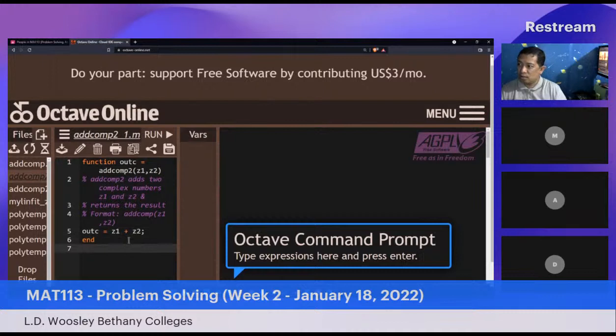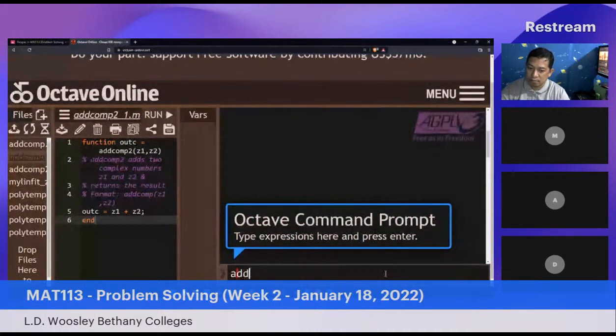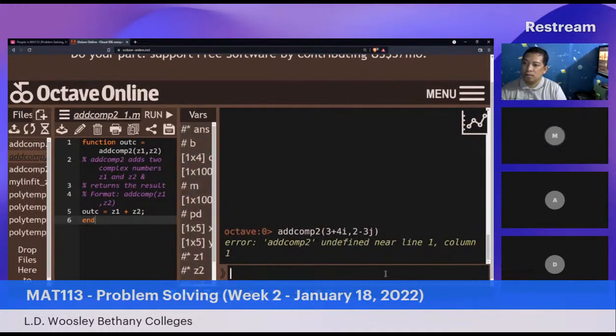Ganito lang siya no? Tama, no? Okay, I'll try. Tingnan natin. Yan. Yun lang.